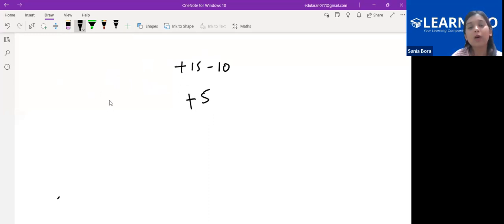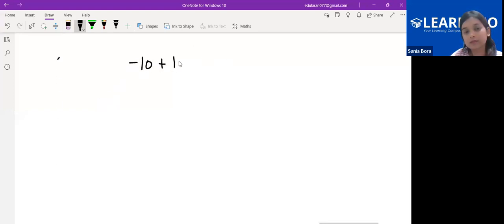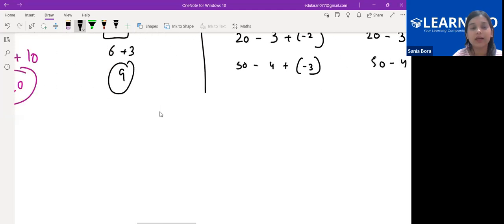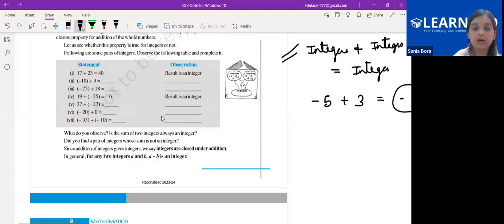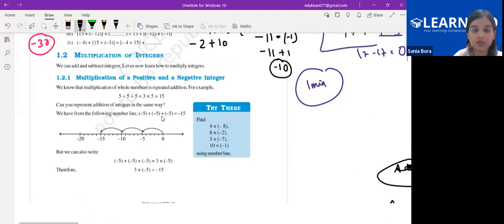Now, one more question. Zero. Yes, because plus minus minus, so 0. In 0, you don't write anything, plus or minus. Okay, so now let's move to some questions.